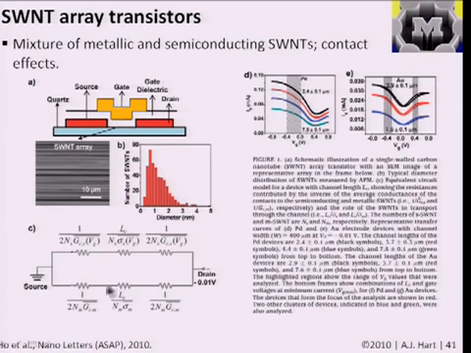What they find is that they can effectively treat the paths through all the metallic nanotubes and all the semiconducting nanotubes as two parallel circuits, and that depending on the choice of metal they use to contact the nanotubes, and we'll learn about why this makes a difference later on in the course, they can also understand the different contact resistances between the metal and the metallic nanotubes and the metal and the semiconducting nanotubes. And to zoom in on a couple of terms here, these middle resistances represent the intrinsic resistance of the nanotubes.